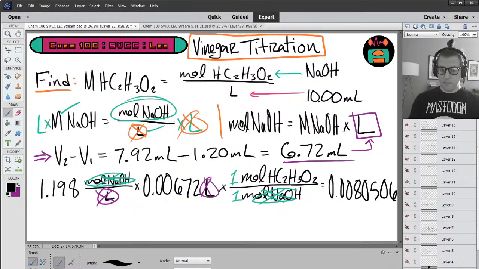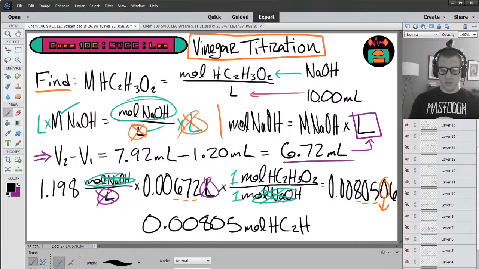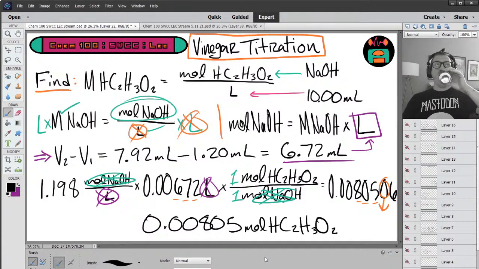But I can only keep 3 sig figs, 0 rounds down. So we have 0.00805 moles of acetic acid.